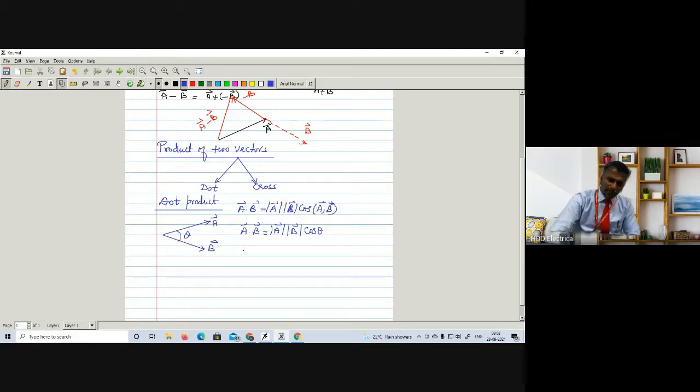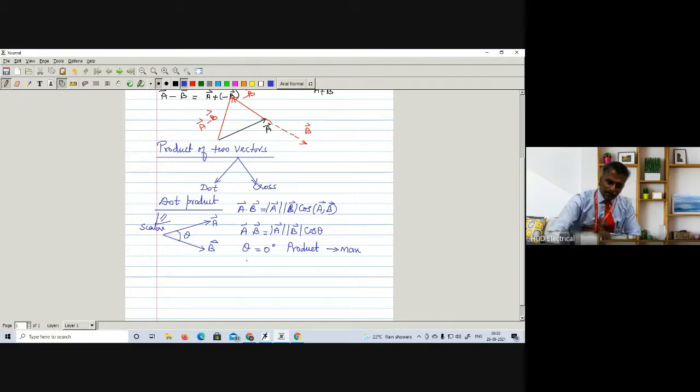For example, whenever theta equals 0, the dot product will be maximum. Another point: the dot product provides only a scalar quantity. The resultant of the dot product will be a scalar quantity, not a vector quantity.